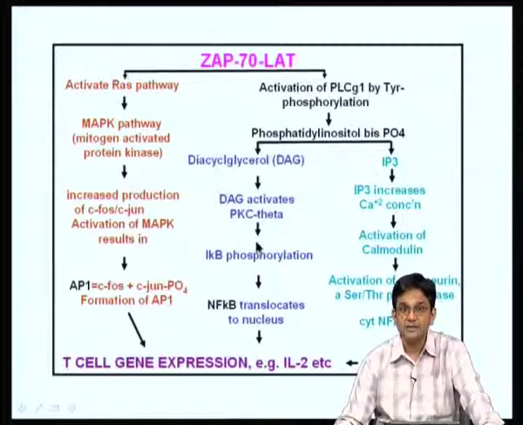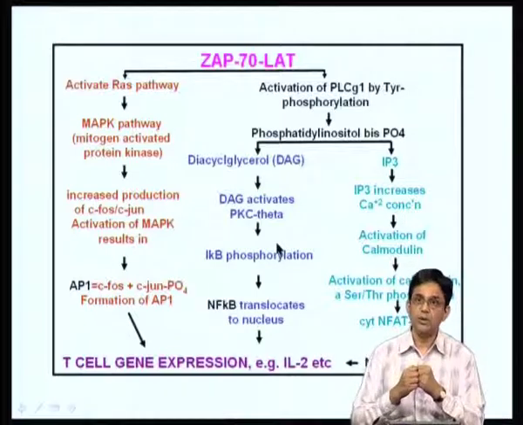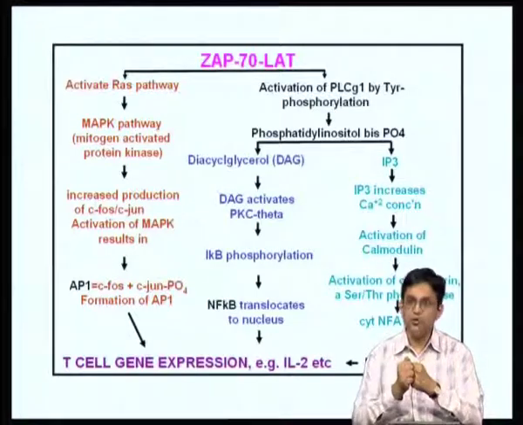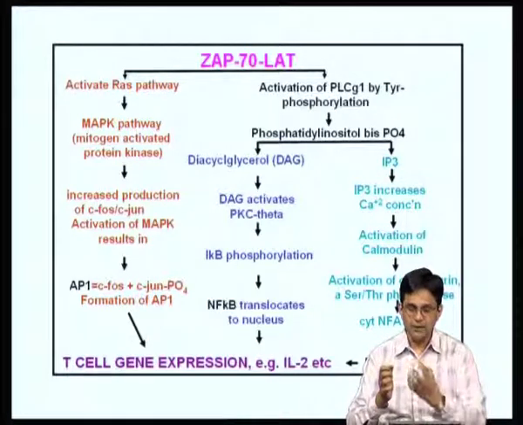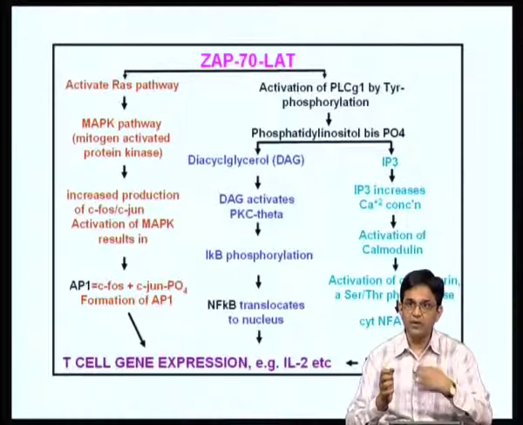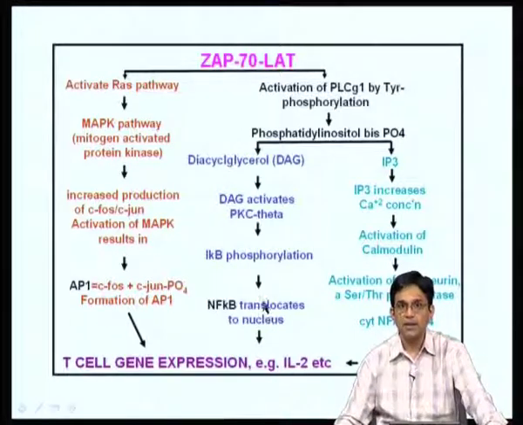This activates it. It results in phosphorylation of the inhibitor of kappa B. Now, you will remember that the NF kappa B is bound to the inhibitor of kappa B in the cytosol. So, once the I kappa B gets phosphorylated, it gets degraded, and so now the NF kappa B is free to move to the nucleus and activate genes.